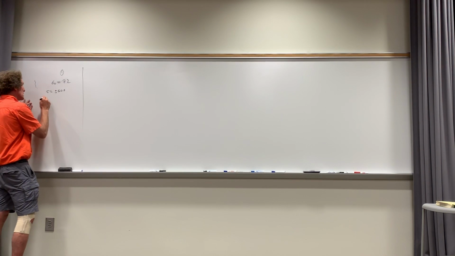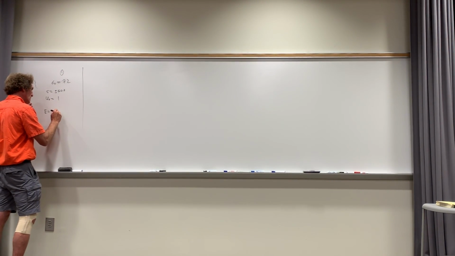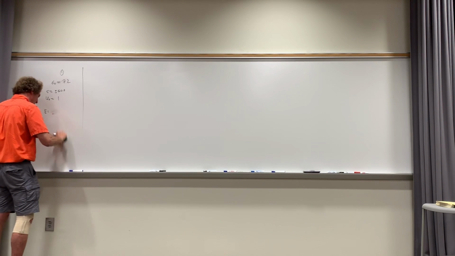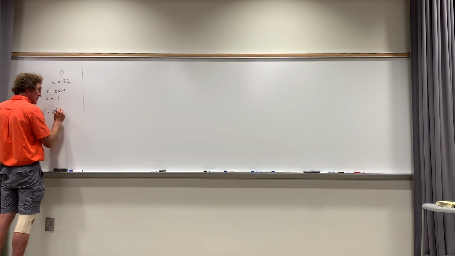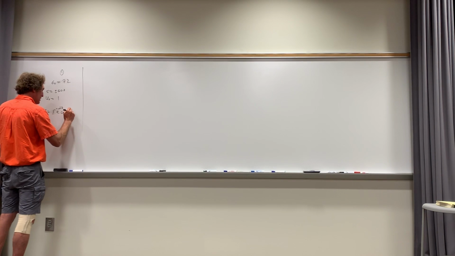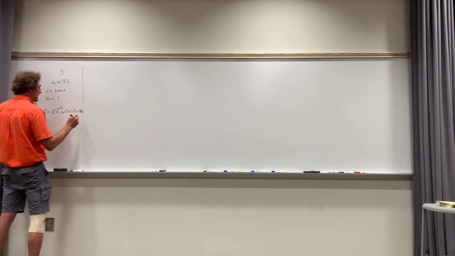Mu r equal to 1. That's the relative permeability. And electric field equal to 5 times e to the minus alpha z, cosine of 2 pi times 10 to the 9th t minus beta z.